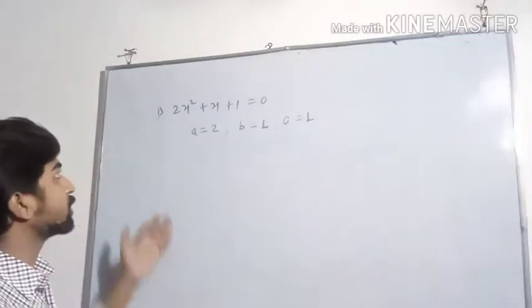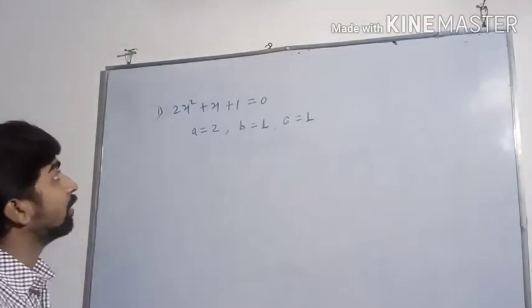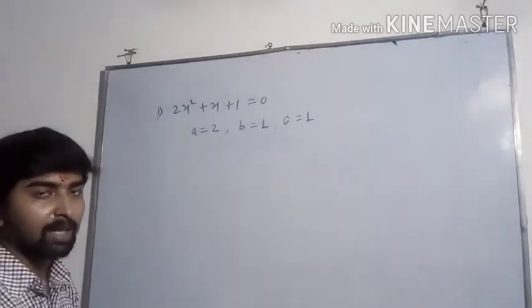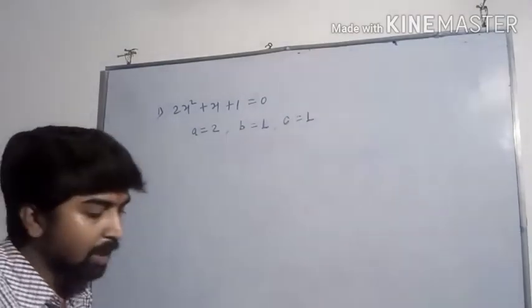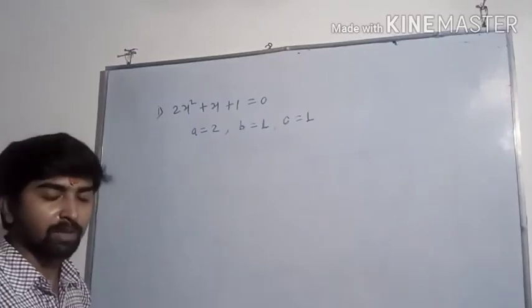Now we have to solve this quadratic equation. It means we have to find the values of x, the variable in this quadratic equation, which are also called the roots of this quadratic equation.